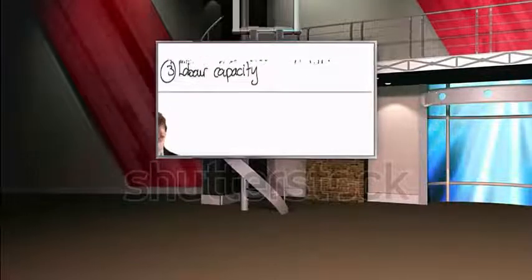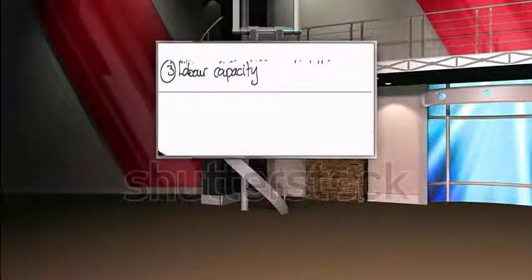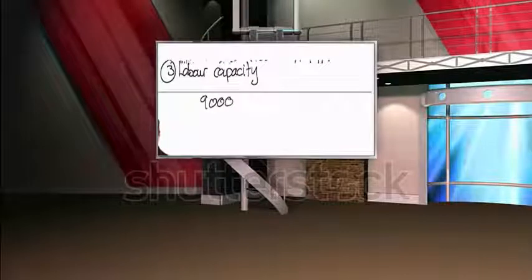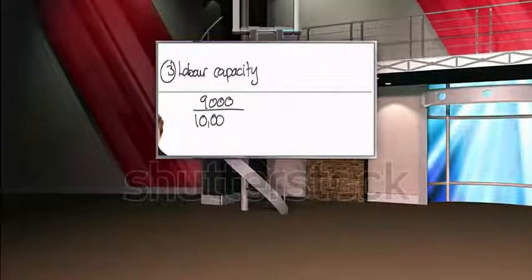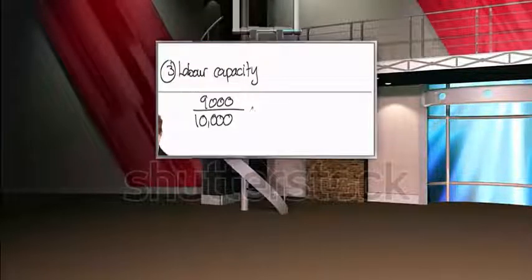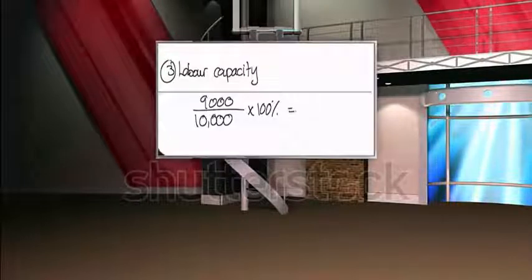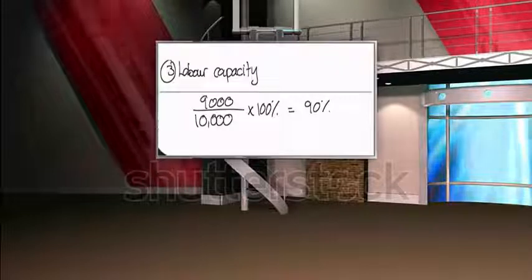On again to our capacity ratio. Our labour capacity ratio will just be the actual hours worked divided by the budgeted hours. We know that there were 9,000 hours worked in total divided by the 10,000 hours that were budgeted at the start of the period. Multiplied by 100%, we get 90%.